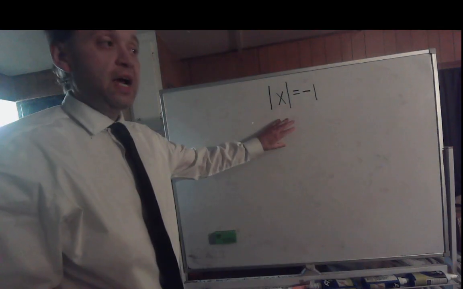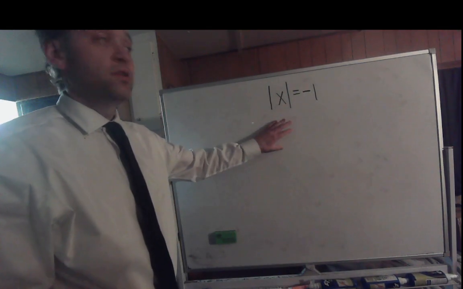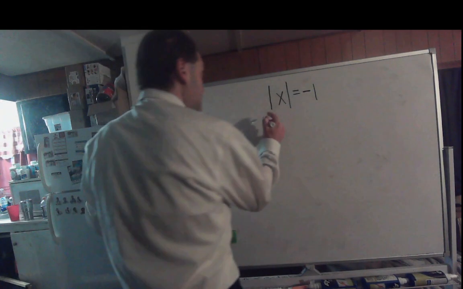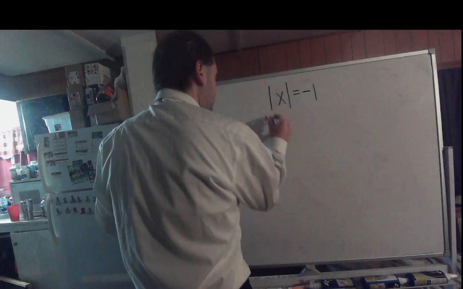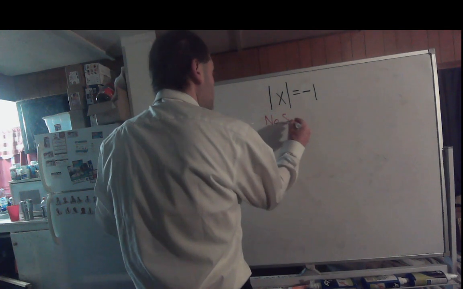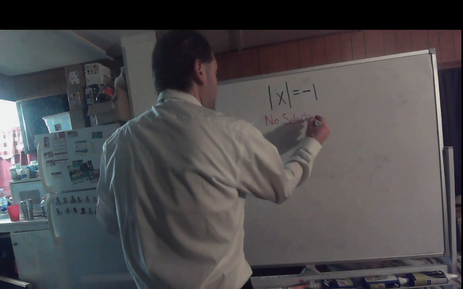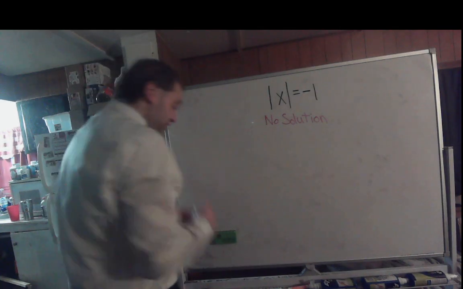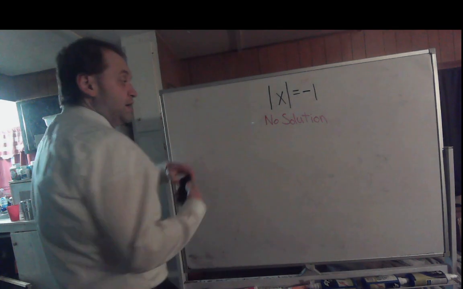The absolute value of any number is never negative. It's always 0 or positive, right? So to this one, there would be no solution. The absolute value is never negative. So that's something to keep in mind with absolute values.